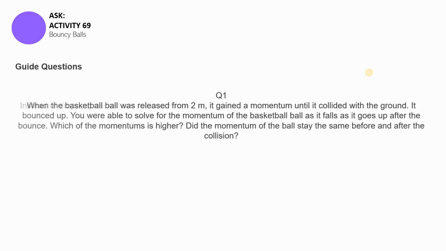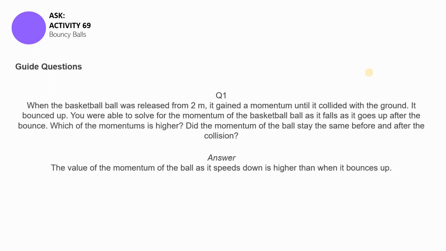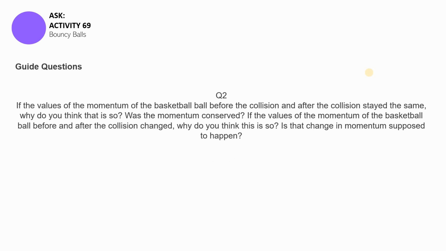Okay. For question number 1, the value of the momentum of the ball as it speeds down is higher than when it bounces up. Anong mas mataas na momentum? Yung habang pababa siya. Now, yung pagtaas niya, it's not usually higher. Okay, it's actually lower.